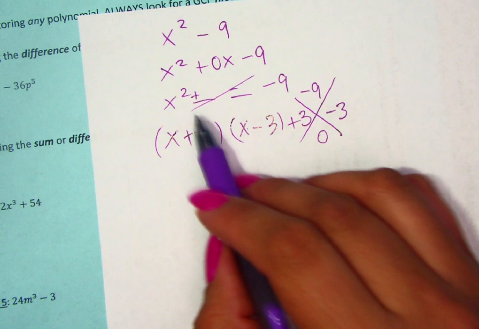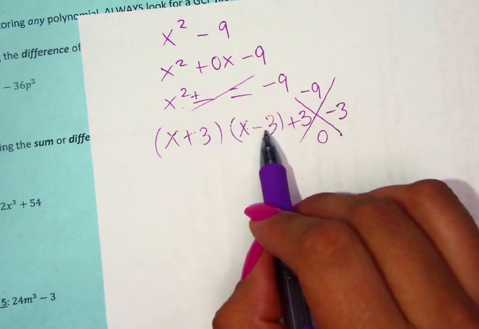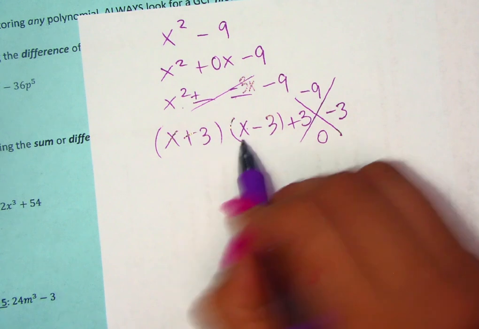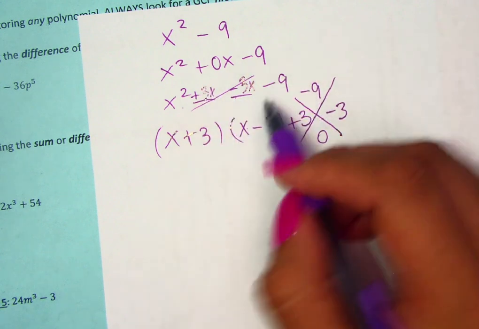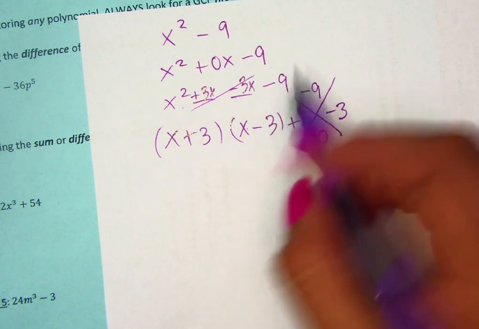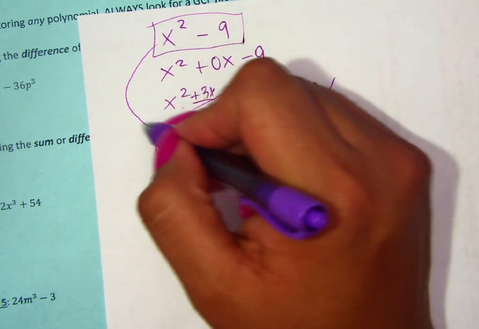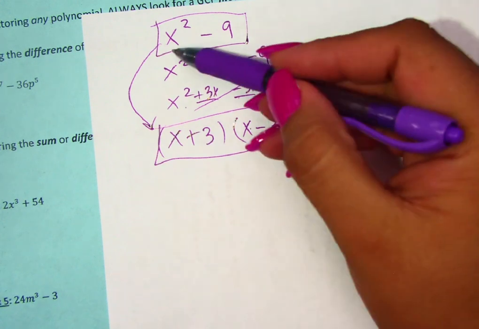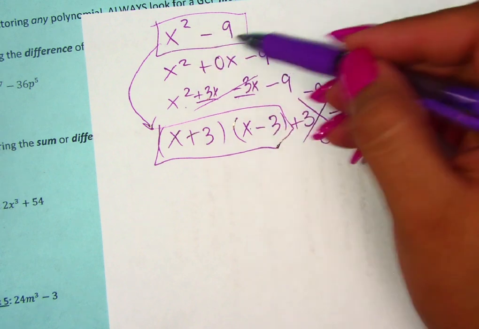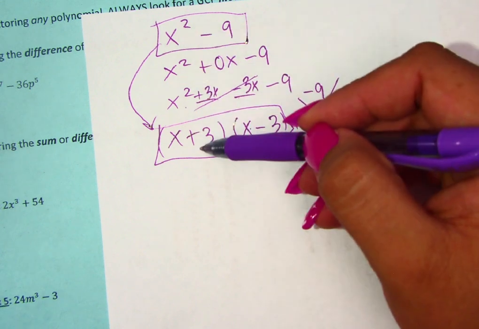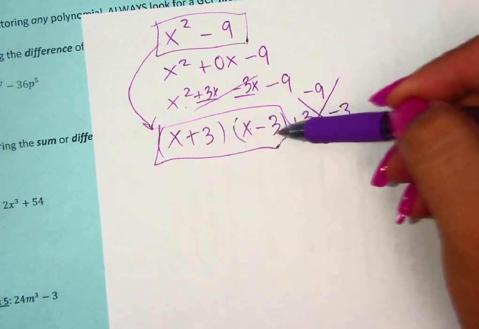x times x is x squared. x times -3 is -3x. 3 times x is +3x. And then the -9 is from 3 times -3. So you're supposed to go from here to here immediately, just like you think of 2 times 5 is 10. You need to look at this difference of perfect squares and immediately know, oh, I can rewrite it as two binomials.